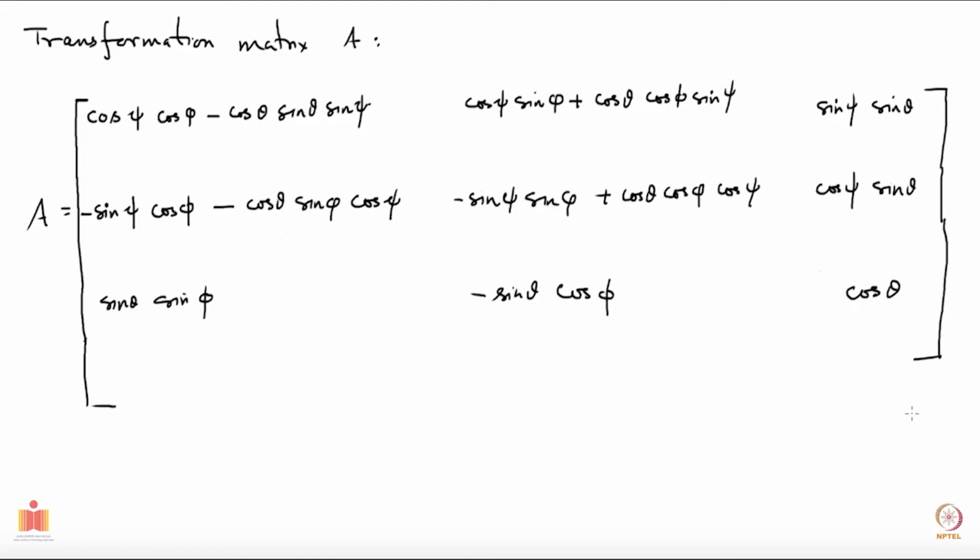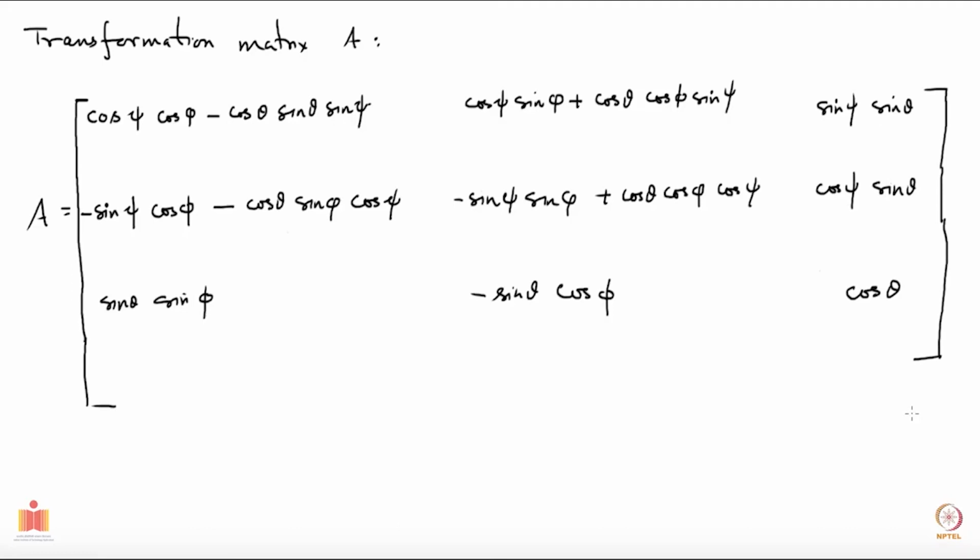Now, you may try to think about what are the properties of this matrix. So as always, the moment we see a matrix, we want to ask about what its determinant is or what its trace is. These are the things which should immediately pop up in our head. And you may also wonder whether this is an orthogonal matrix.